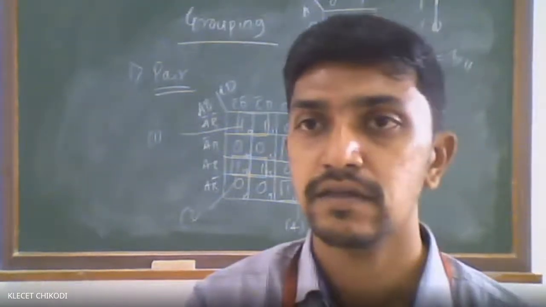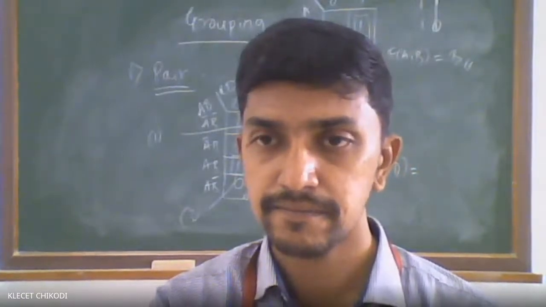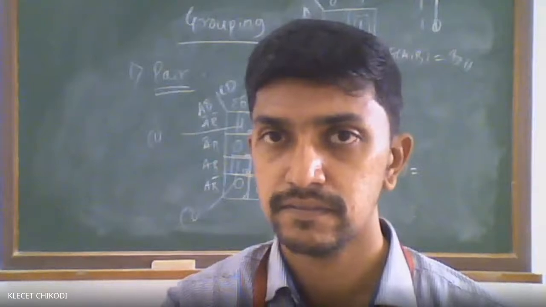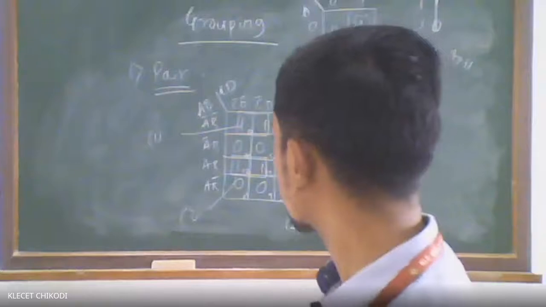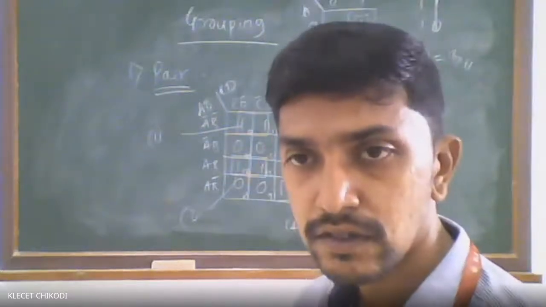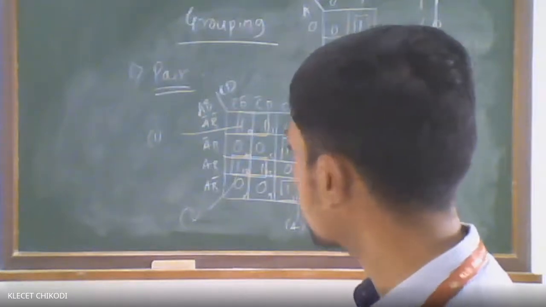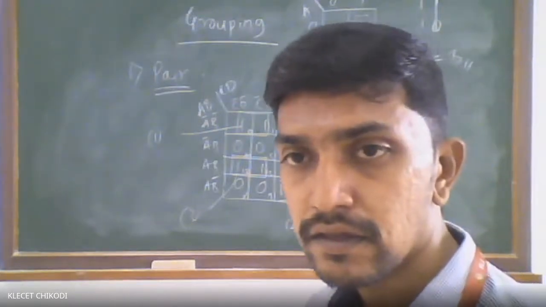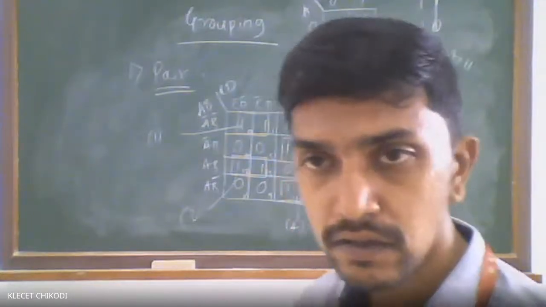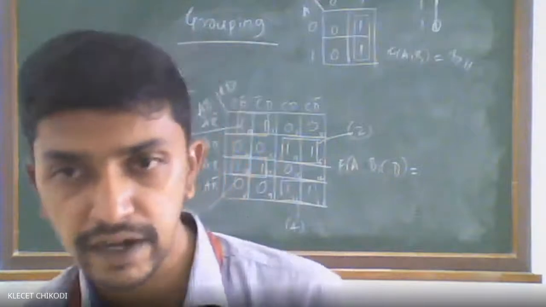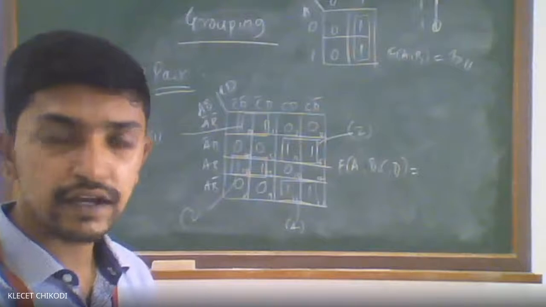I will check that first. A bar, B bar, C bar. Again it will be A bar, B, C. Again it will be A, B, C bar, and the last one A, B bar, C. Okay. 2 people have written right. Okay. 3 people. Fine. So that is correct.